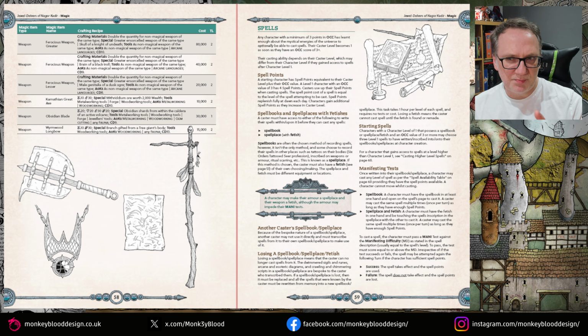So there's some risk to casting. You want to make sure your mani score is good to get as many dice. If it's a level 1 spell, it's got a casting difficulty of 1, manifest difficulty. So you only need 1 success to cast the spell. But if it's a 3rd level spell, you need 3 successes. So the higher level spells need more successes to cast.